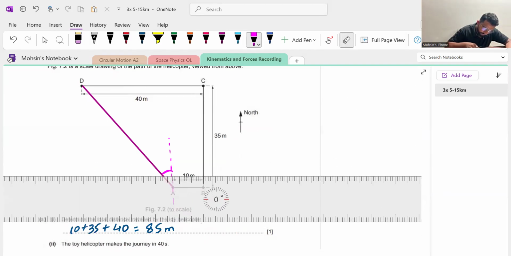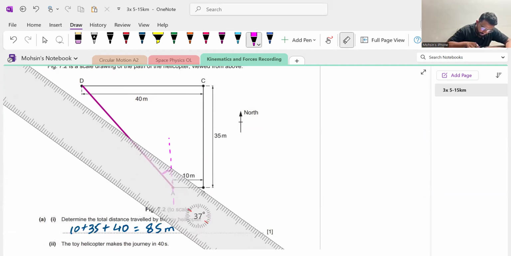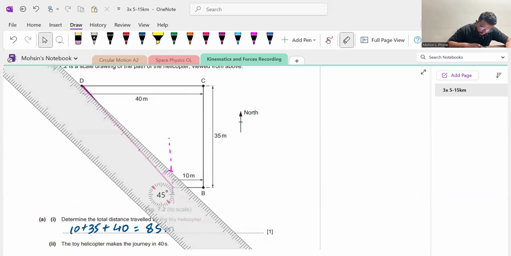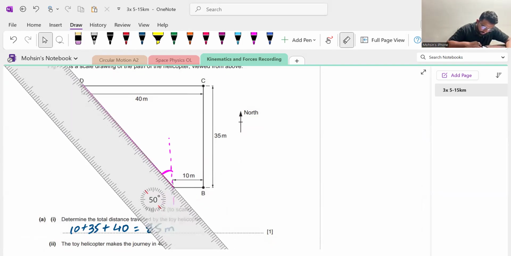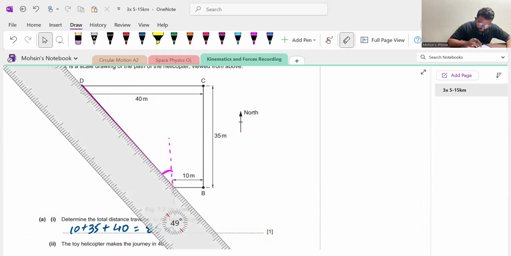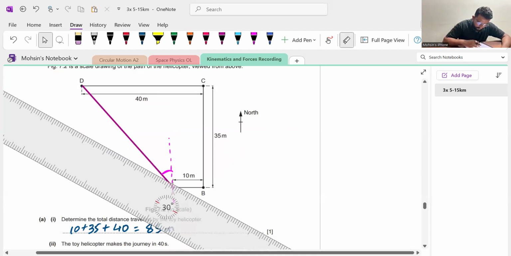So this will be something around, if this is 49, from where? From here.